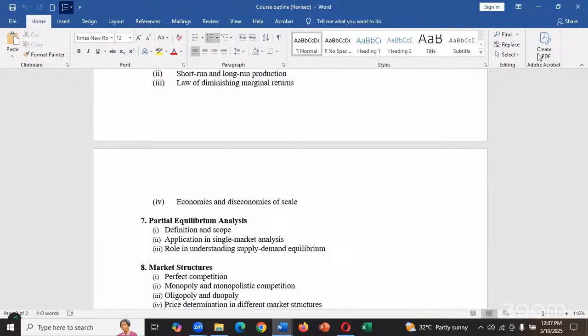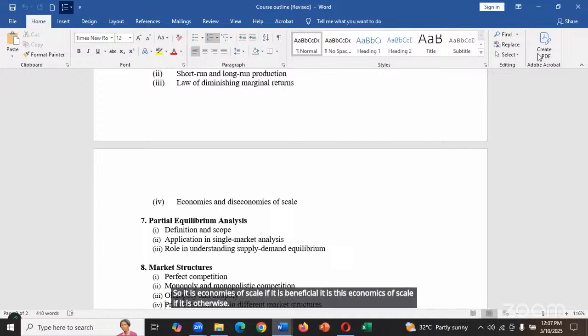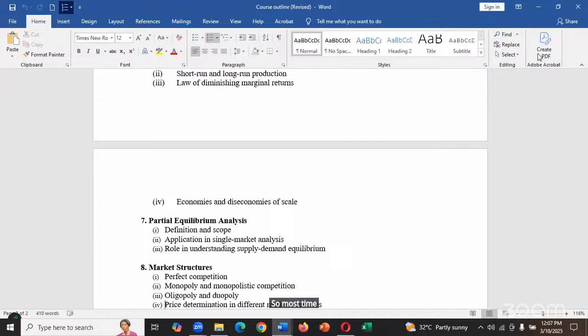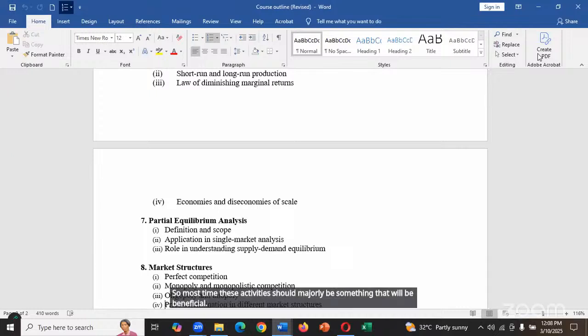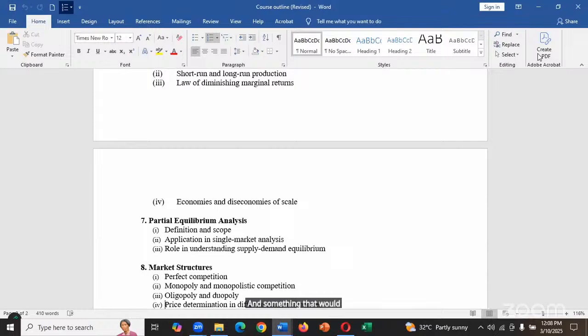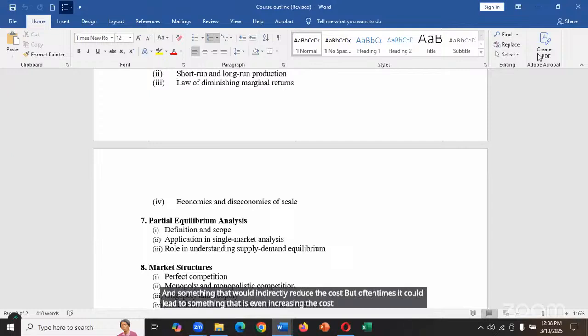So it is economies of scale if it is beneficial. It is diseconomies of scale if it is otherwise. Most times these activities should be beneficial and indirectly reduce the cost. But oftentimes it could lead to something that is even increasing the cost, and rather than increasing output, you have a situation where the output is not even improving. So that is economies of scale.